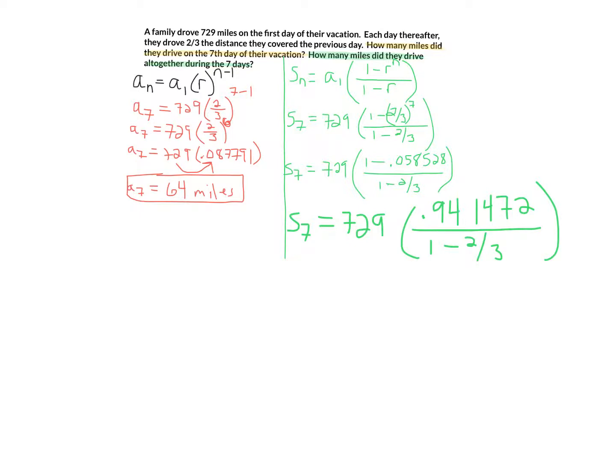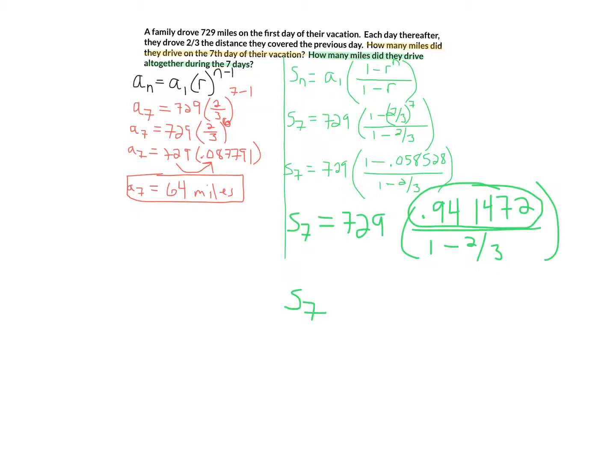All right, now we have to do the bottom. Now what I would do, since you already have this in your calculator, is just keep that there and immediately hit divided by, open a parenthesis to start. Then you're going to do 1 minus, open another parenthesis, and then do 2 divided by 3.